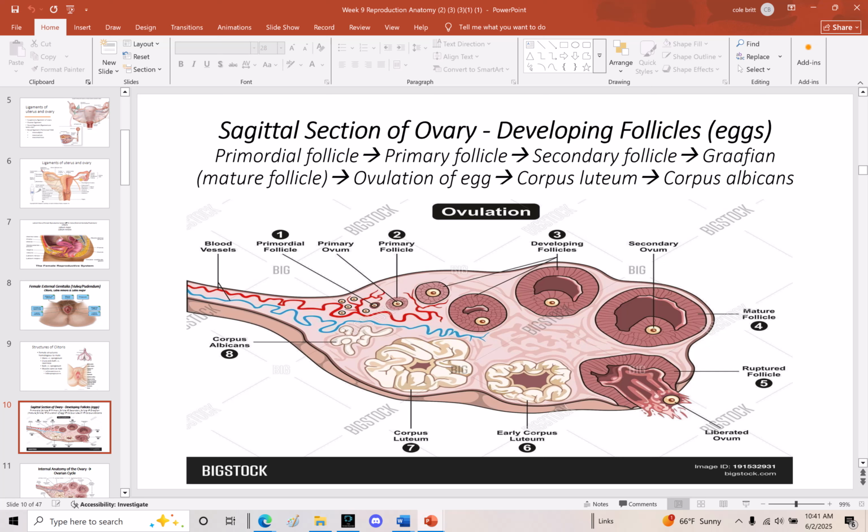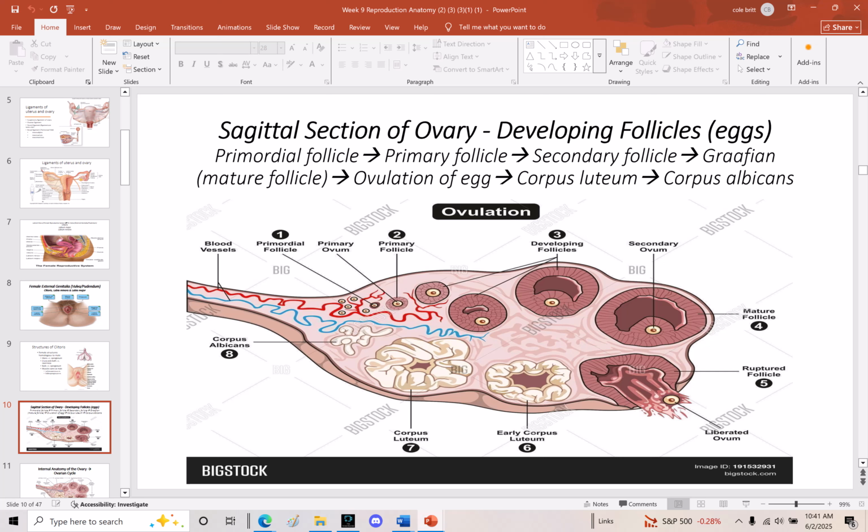That's called a polar body. It has to do with the division of the cytoplasm: one half gets the cytoplasm, one doesn't. Because at this point we are at 46 chromosomes. We have to reduce that to 23, so you get 23 from the mom and 23 from the father.